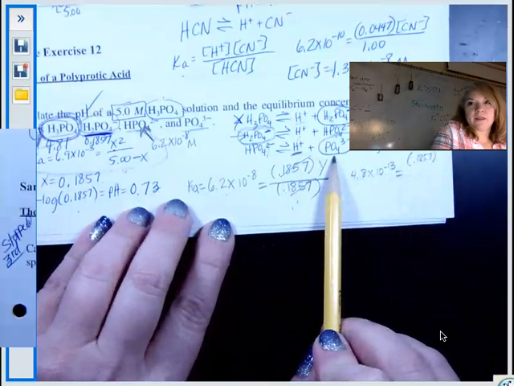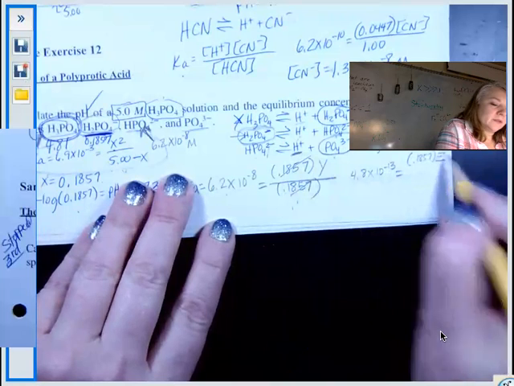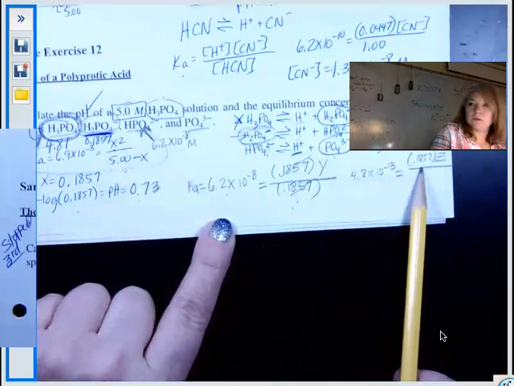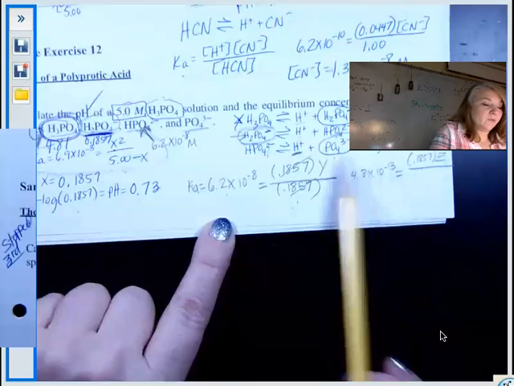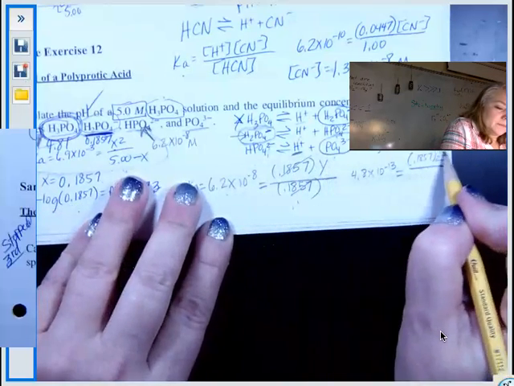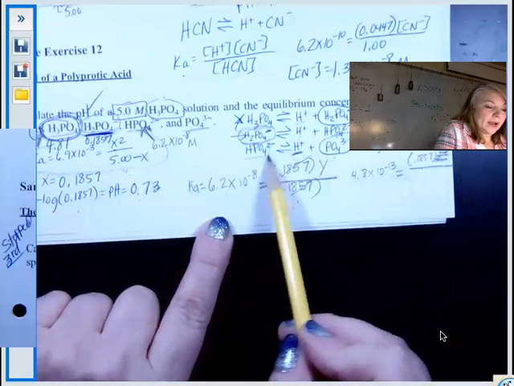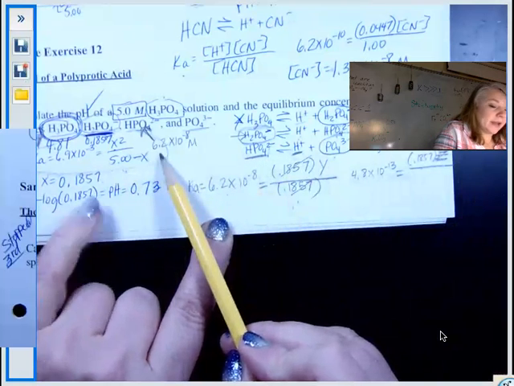So instead of us calling that an X or a Y, let's call that one Z. Are we doing Ka3? Yes, now we're doing Ka3 because we found H, yeah, that's our H, and this is a Z. All right, and then on the bottom, our value for HPO4 2 minus, we just found, didn't we? It's 6.2 times 10 to the negative 8, so plug it in.